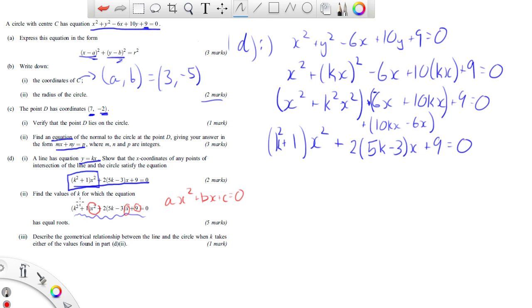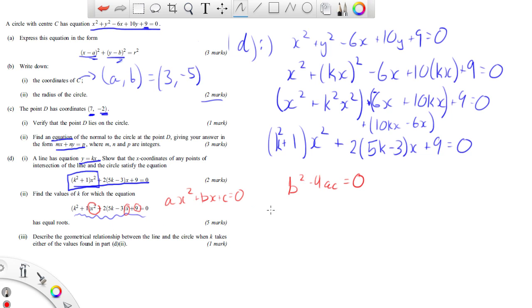When you have a quadratic that has equal roots, it's going to be the discriminant, which is going to be equal to 0. So that's b squared minus 4ac is equal to 0. So b is the coefficient for the x value.